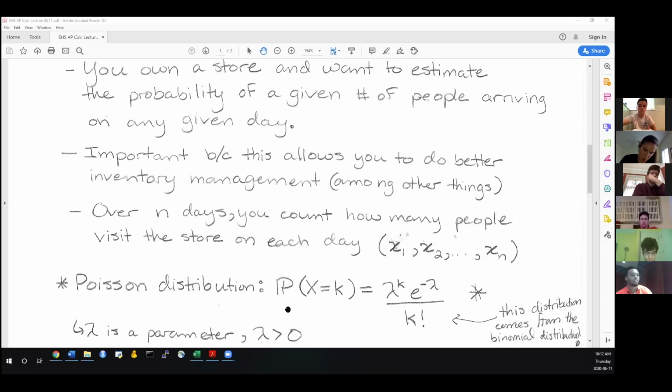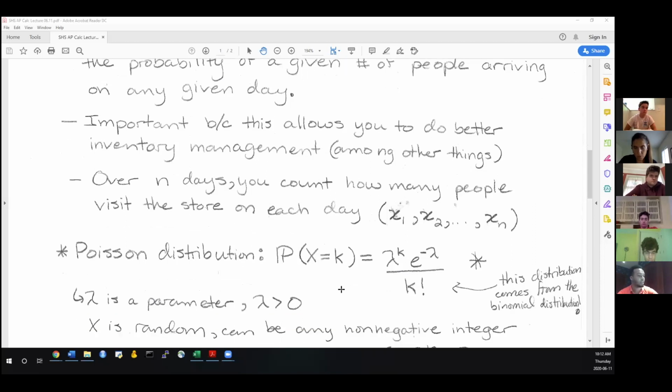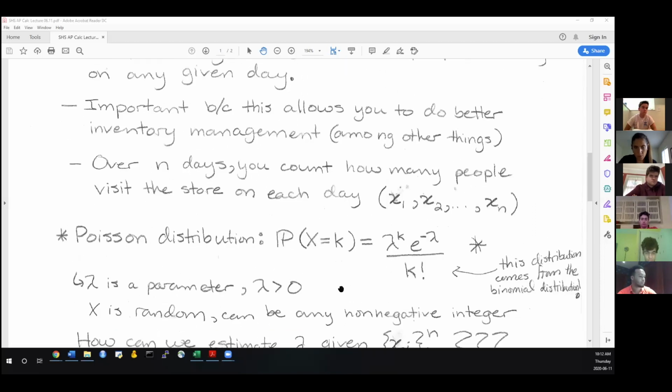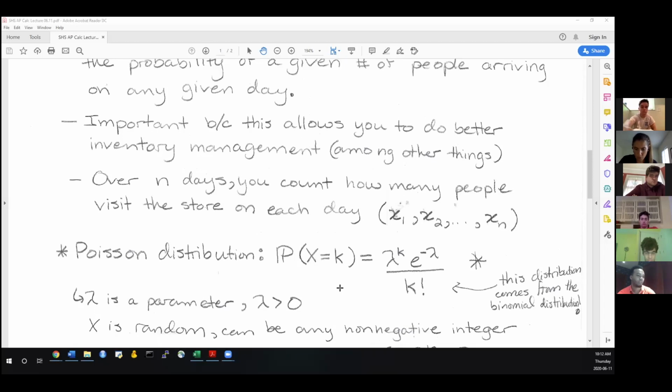So the way to understand this formula is that x is the random variable you're observing. So the probability that x equals some fixed value k. Think of k as, sorry, I forgot to write it down, but k is a non-negative integer as well. So the probability that your random process is equal to any fixed non-negative integer is equal to this expression.